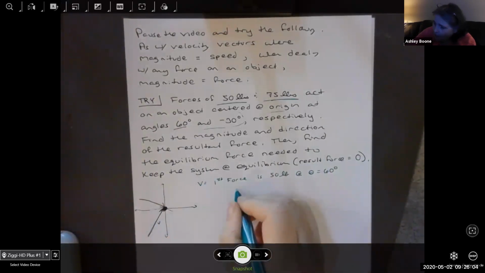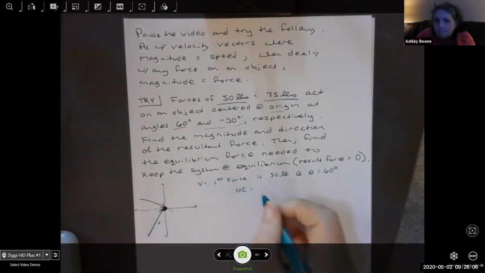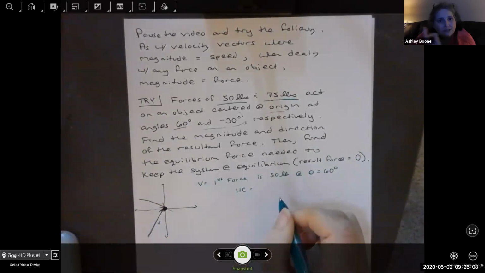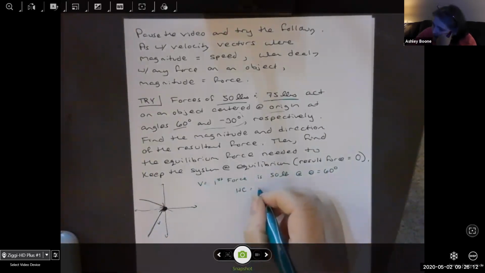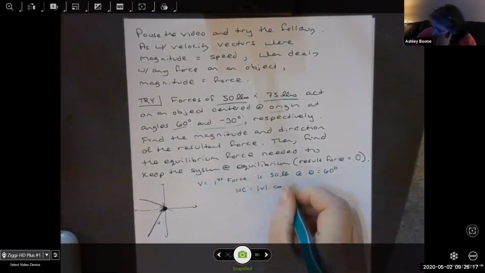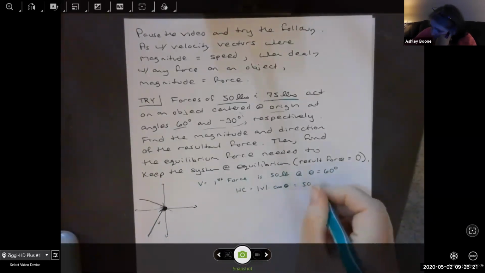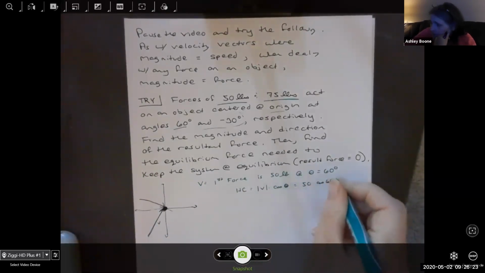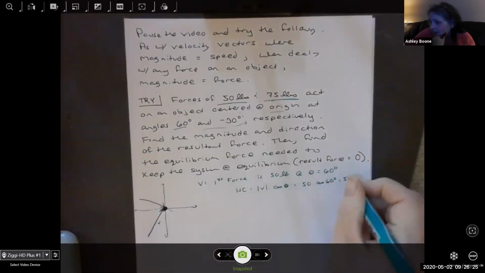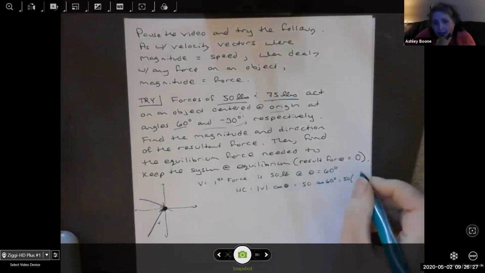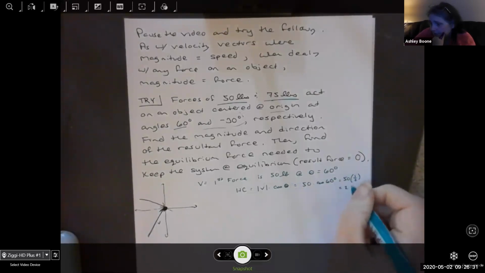And I can get my horizontal component. Same type of thing. Magnitude with speed, with force. I'm going to let magnitude be force. I'm going to take the magnitude of the vector times cosine of the angle. That's going to be 50 times the cosine of 60 degrees. Cosine of 60 is 1/2, so that's 25.